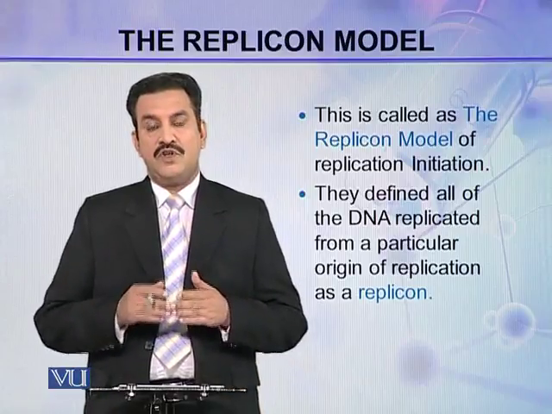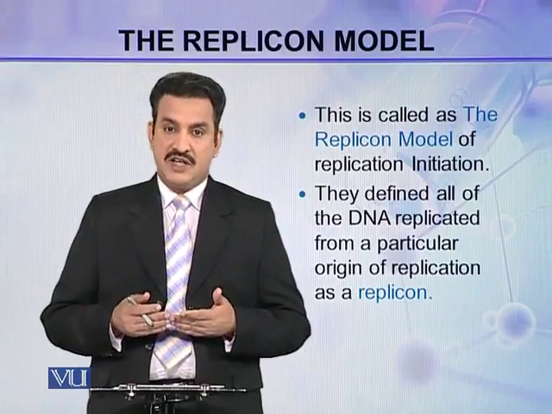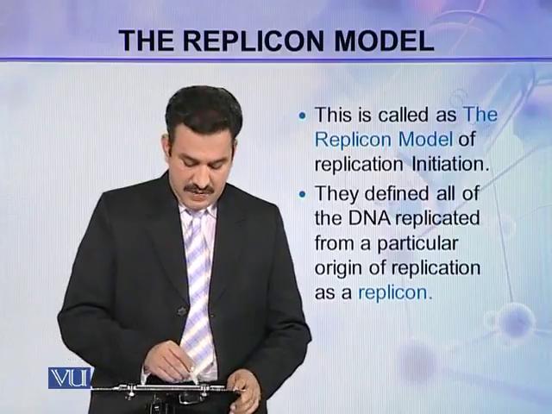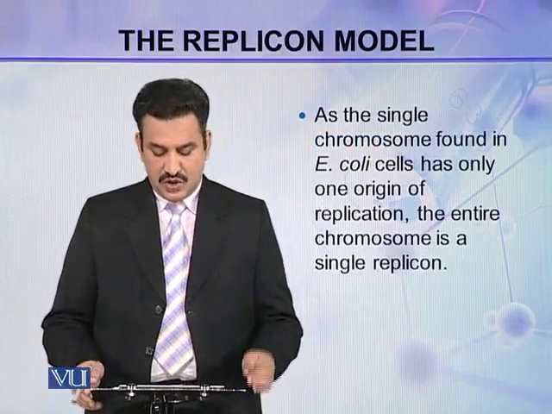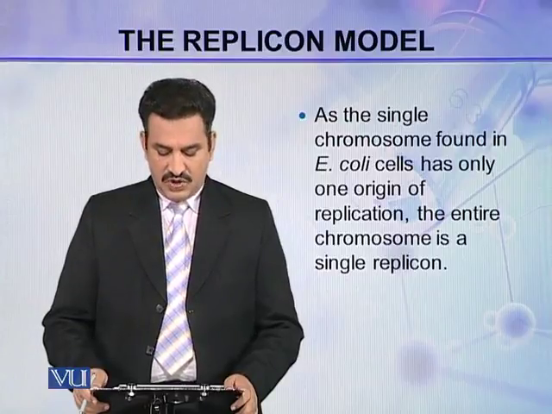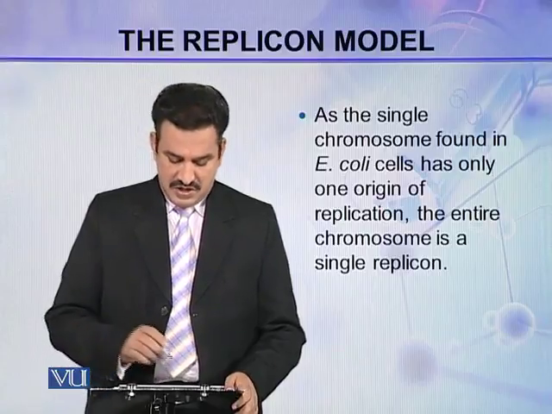So if the whole DNA is replicated as a result of a single origin, the whole DNA will be called a replicon. As the single chromosome found in E. coli cells has only one origin of replication, the entire chromosome is a single replicon.